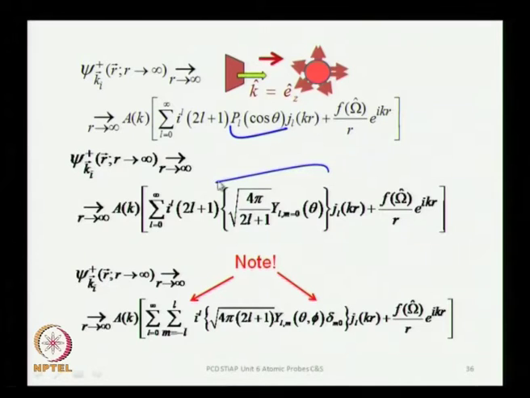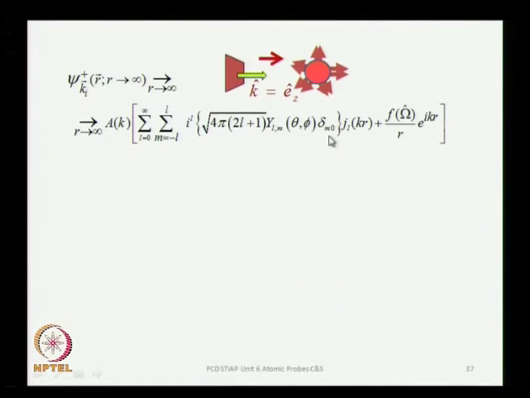So this summation, which was only in terms of L, can be written in terms of summation over L as well as summation over m, with m going from minus L to plus L. So you have got the complete basis set of the spherical harmonics, but then you already know that only the term for m equal to 0 contributes, and that is contained over here. There is a Kronecker delta which has been included.